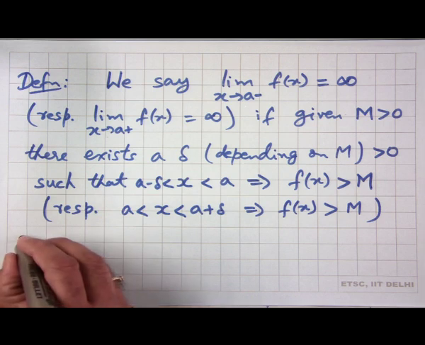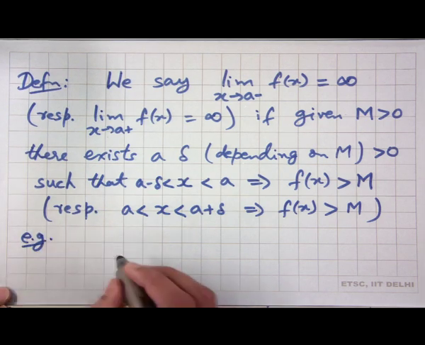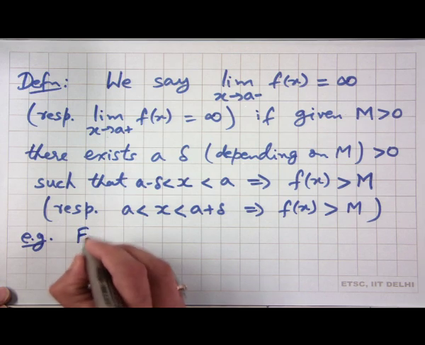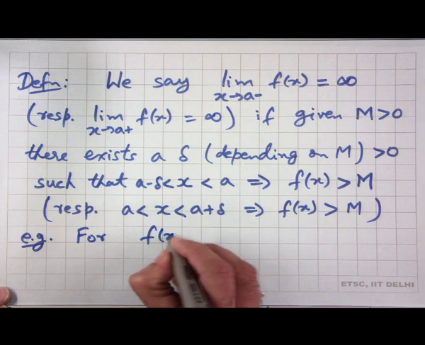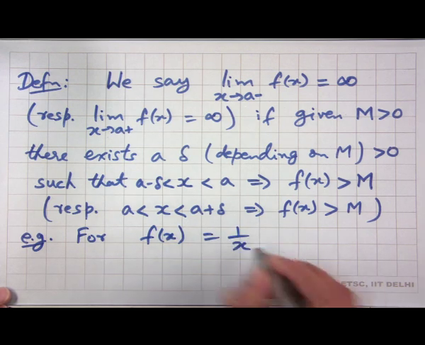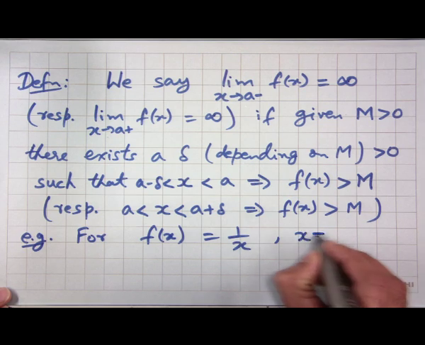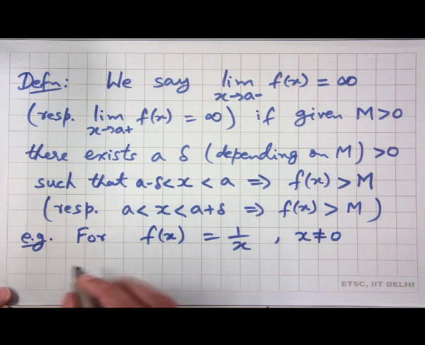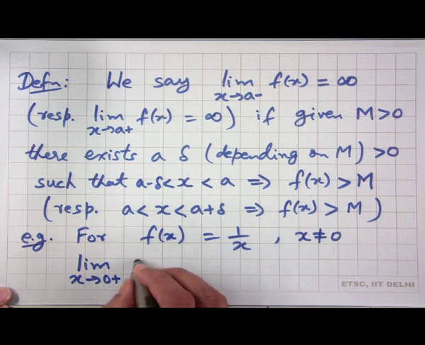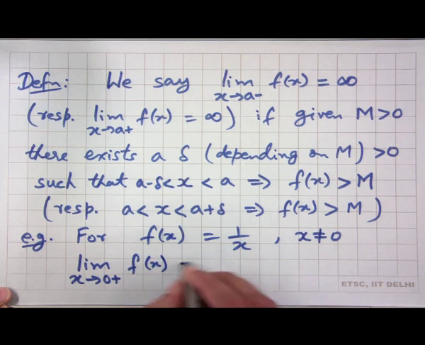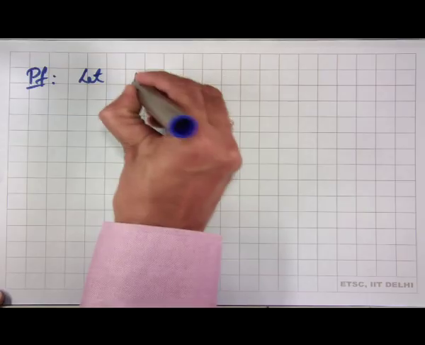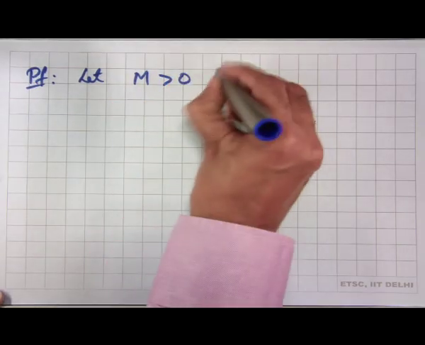So, for example, for the function f of x equal to 1 by x, x not equal to 0, the right hand limit as x goes to 0 plus of f of x is equal to infinity. Why is this? Proof: let m bigger than 0 be given.